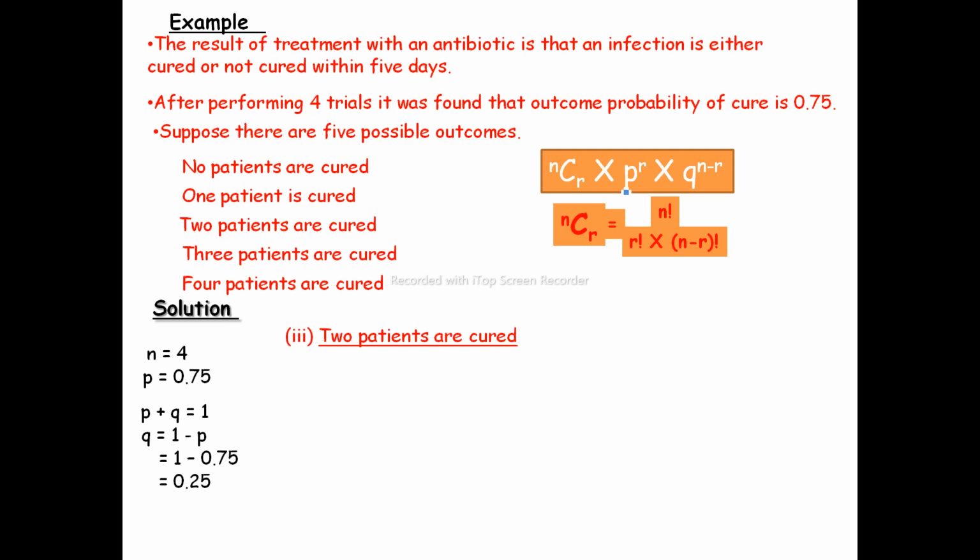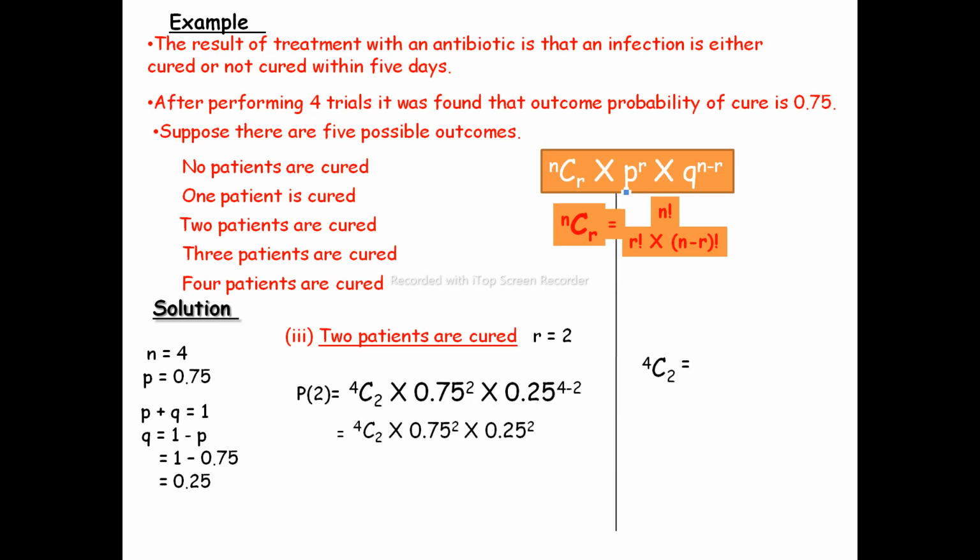Next is 2 patients getting cured. So the R value will be 2 because success is 2. Solve it. Factorial 4 divided by factorial 2 into factorial of 4 minus 2. So 2 into 1 multiplied by 4 minus 2, which is 2. So this 4 gets cancelled out, 2 gets cancelled out.